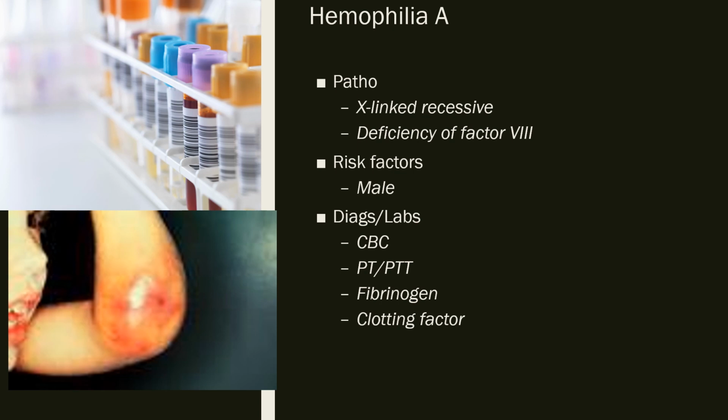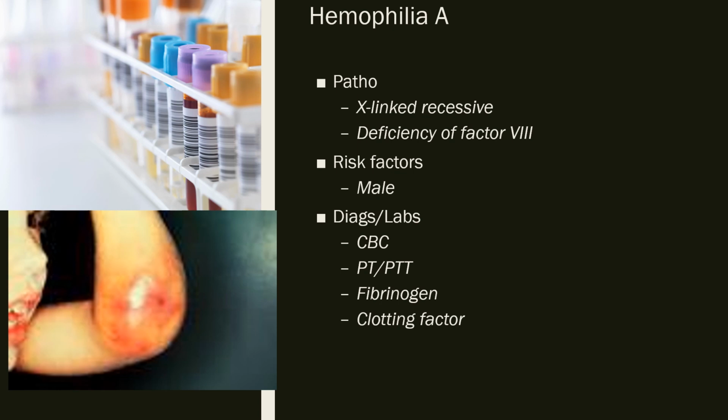So once you have the deficiency of the factor 8, you're going to have an inability for your platelets to be used in clot formation. Your body's still going to go through the clotting cascade. It wants to do it, but even though the clot tries to form, there's not enough fibrin in it and it just kind of dissolves.